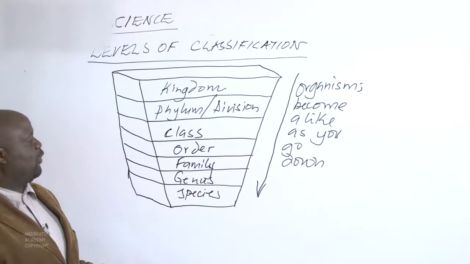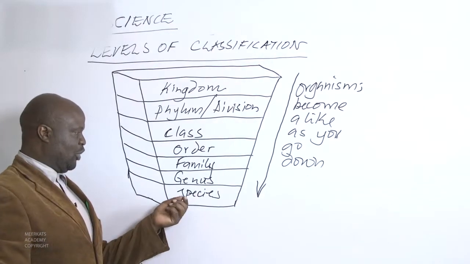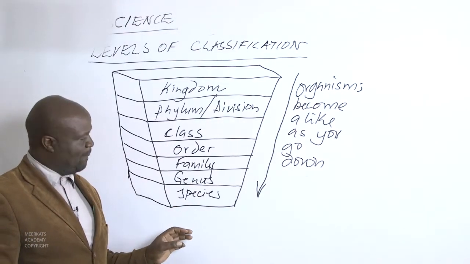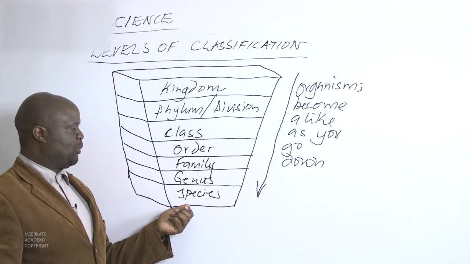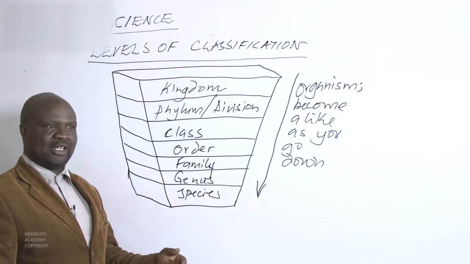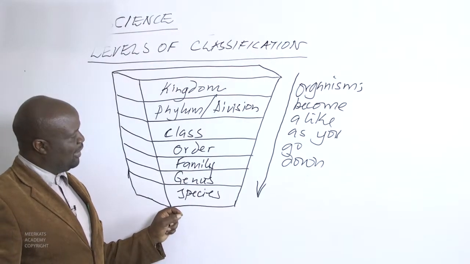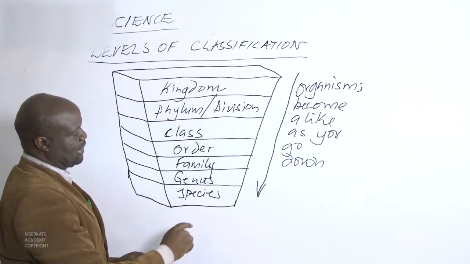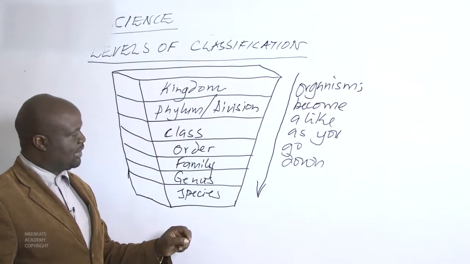They try to resemble. For instance, organisms that are present in this lowest level, species, they resemble one another, but they are not exactly replicas. For instance, human beings are of the same species, but if you look at individuals in the streets that are walking or in a class, your classmate, yes, you belong to the same species, and you have been identified as Homo sapiens, Homo being the genus and sapiens being the species, but you don't look alike completely, though you belong to the same species.